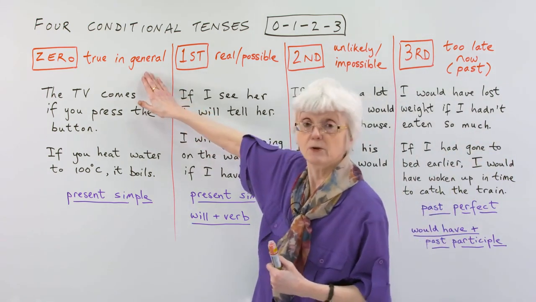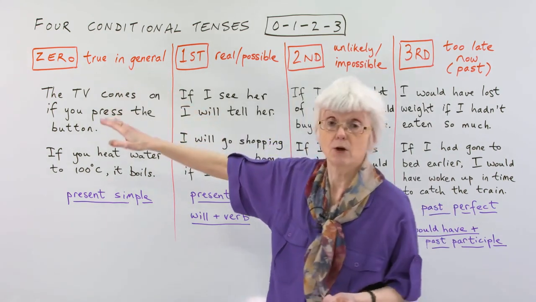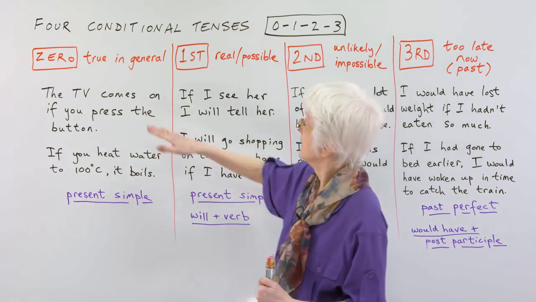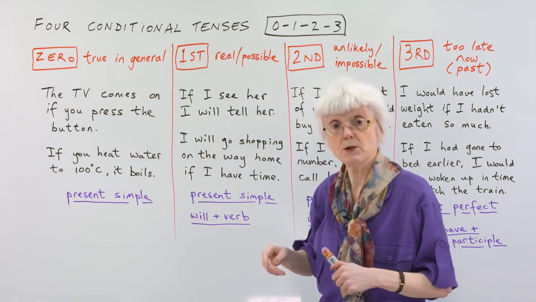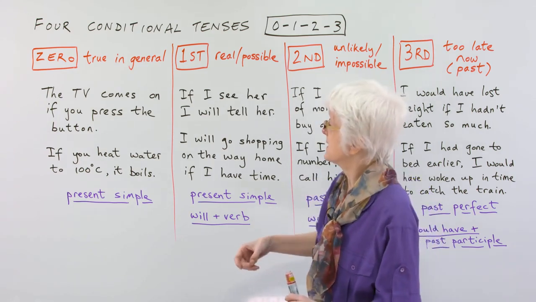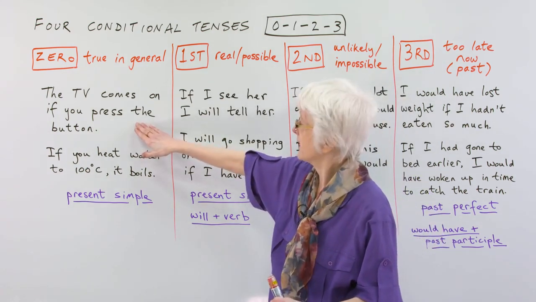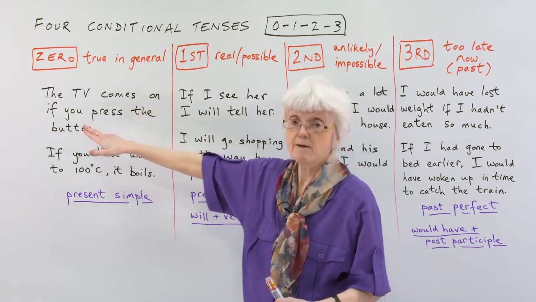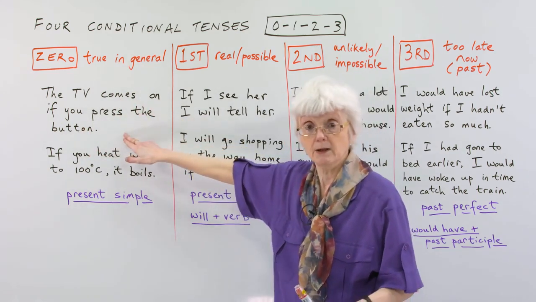Okay, so let's look at the 0 conditional, which is the simplest one really, and this is for statements which are true in general. They're generally true. So, for example, the TV comes on if you press the button.